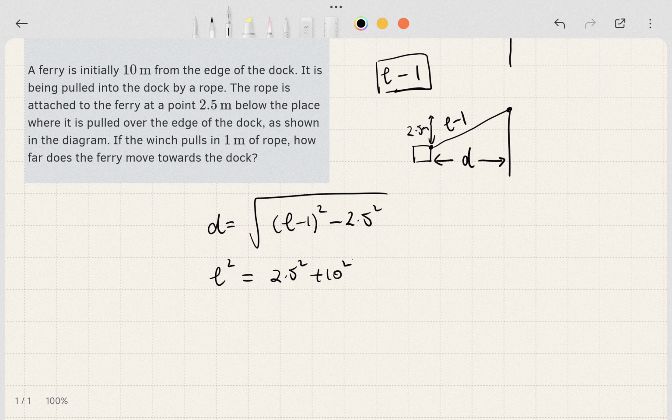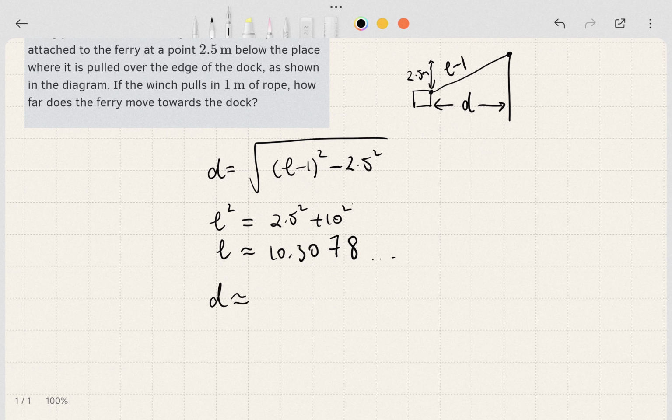So from this, we can use a calculator to work out what L is. I'm just going to grab a calculator. L would be the square root of 2.5 squared plus 10 squared, which is just 100, and that is about 10.3078.